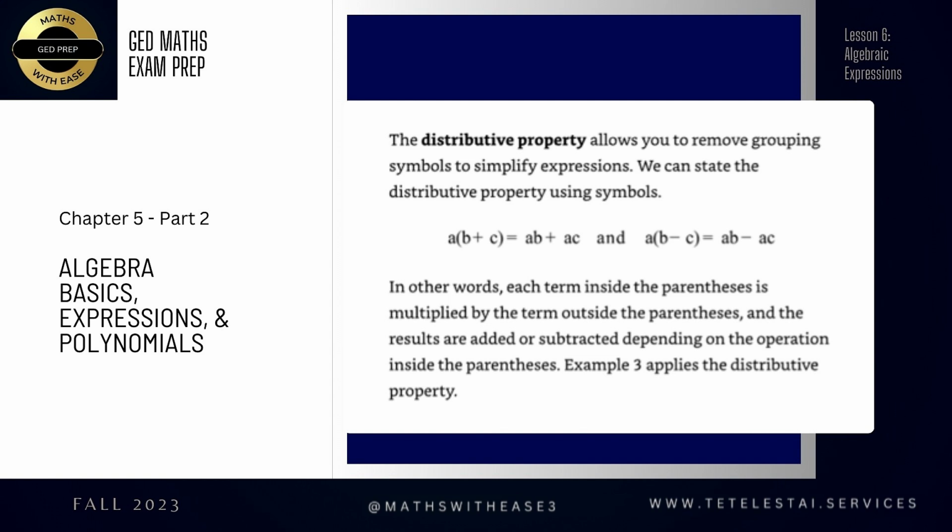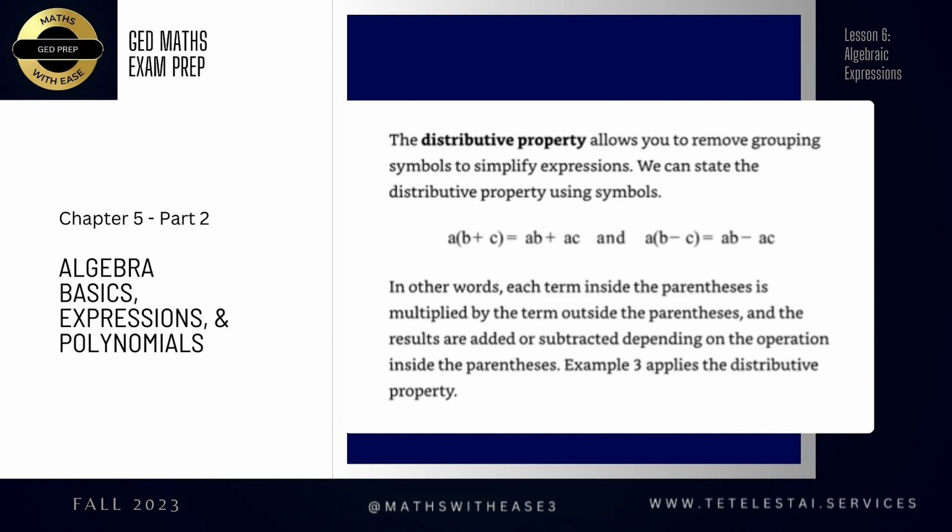Why? Because we already know from our previous lessons that when you see two variables or two numbers written close together like this, that implies multiplication. And when you have parentheses, it means that this particular variable is being multiplied into everything in the parentheses. That's why it's written together like this.